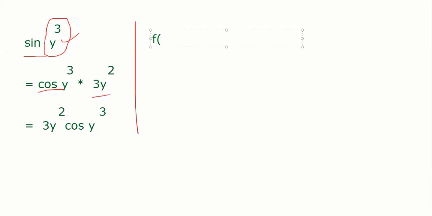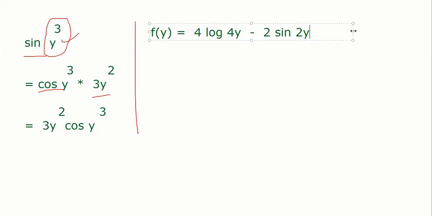One more. If my function f of y is 4 log of 4y minus 2 sine of 2y, tell me the answer for this, everybody. And tell me who wants to explain this.